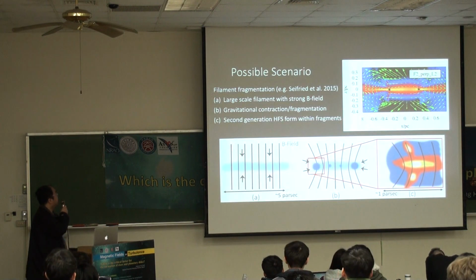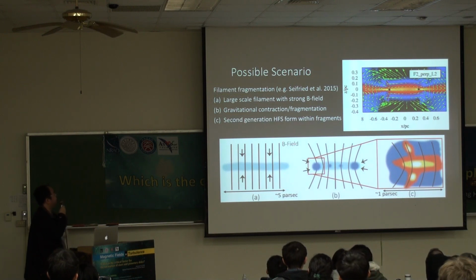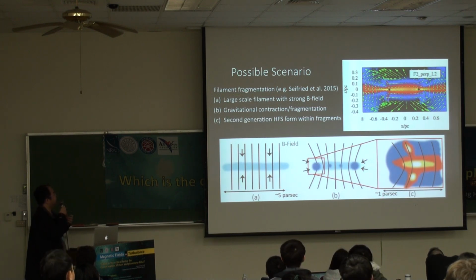So based on these features, we could suggest a possible scenario that is mainly based on filament fragmentation simulations. Here we show an example from Seifried 2015. This shows that a filament can fragment, and two massive fragments will appear at the two ends of the filament.